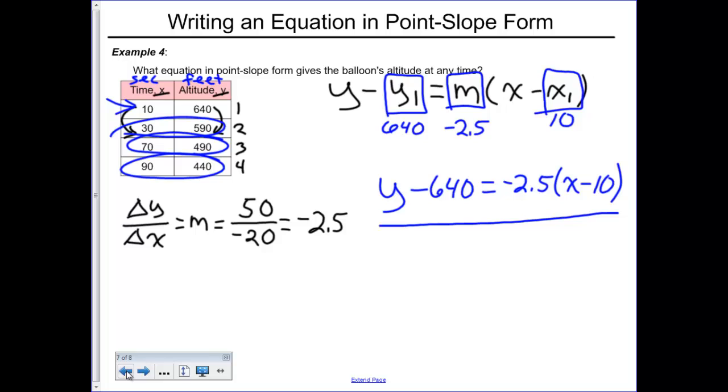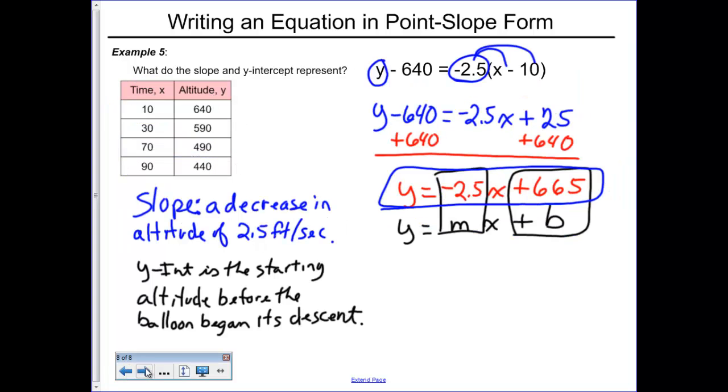However, if I had isolated y on all of those, they would all look like this, where the y-intercept would come out to a positive 665. And if you don't believe me, go ahead and try each of those examples, putting a 30 and a 590 in there in the next one and the next one, and see that it actually does come out to the same slope-intercept form.